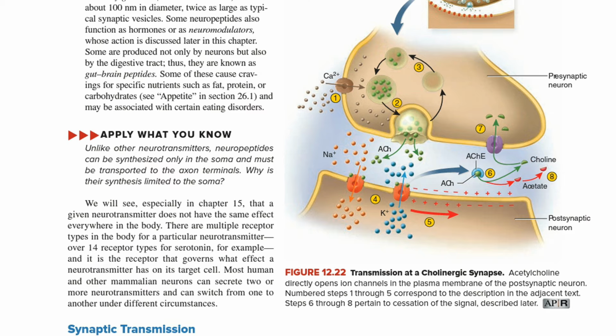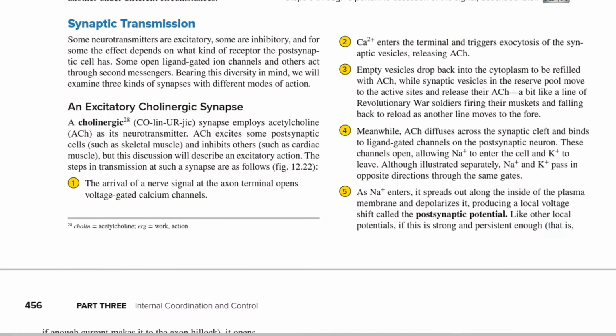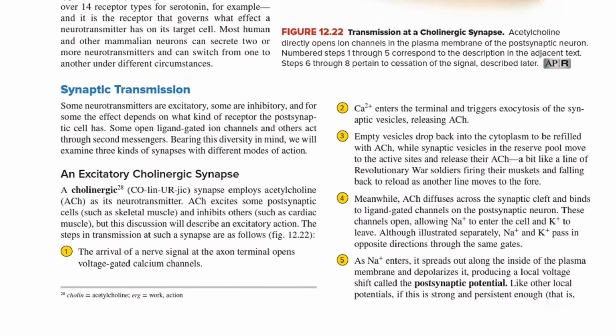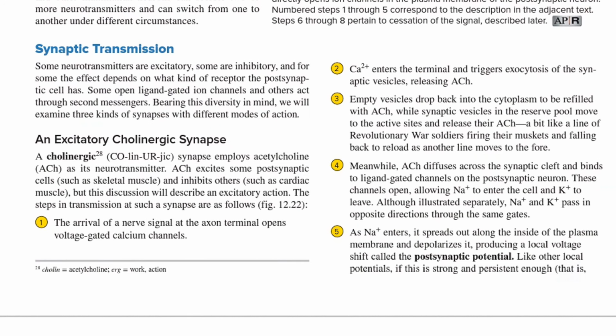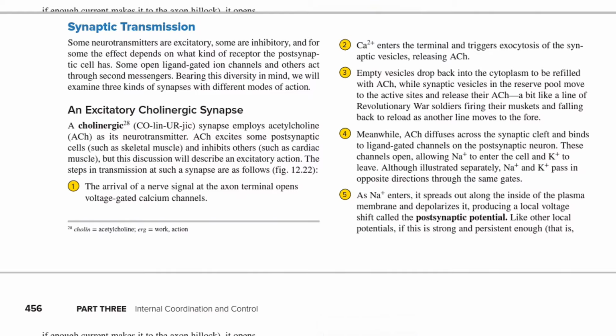Transmission at a cholinergic synapse. One by one, all the events at the chemical synapse 1, 2, 3, 4, 5.